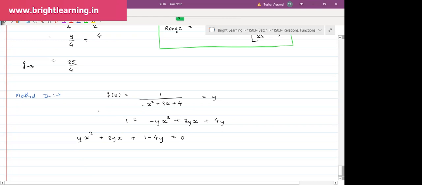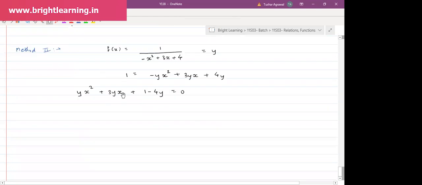Okay. Now in this quadratic equation, I want x. Can you see that this is a quadratic equation in x? And I know that x belongs to real numbers. My domain set is x belongs to real numbers.